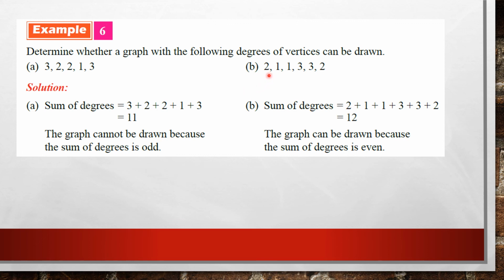So for part B, the degrees given are 2, 1, 1, 3, 3, 2. So we find the sum of degrees. 2 plus 1 plus 1 plus 3 plus 3 plus 2. So now you get the sum of degrees is 12, that is an even number. So your graph can be drawn.